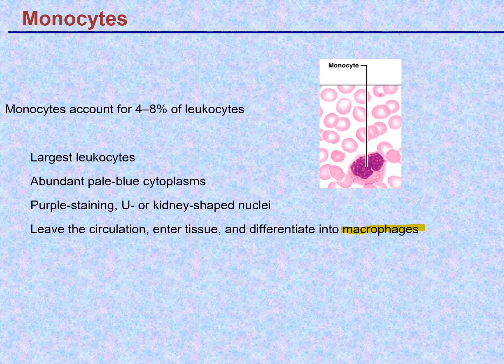It gets somewhat bigger in size. One of the characteristic features is that the nucleus is either U-shaped or kidney-shaped, and that can be very easily differentiated from other cells. These are phagocytic cells. Macrophages that are in the tissues are even more phagocytic.